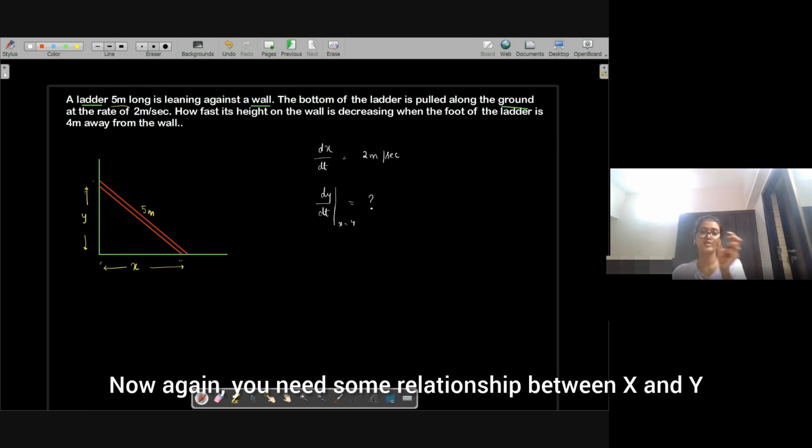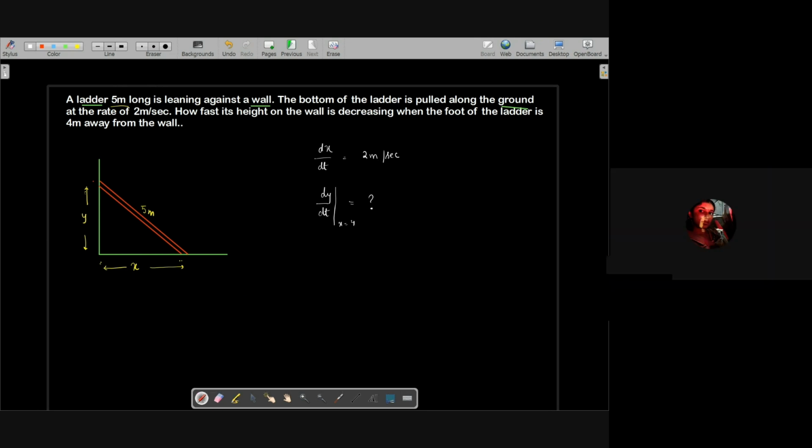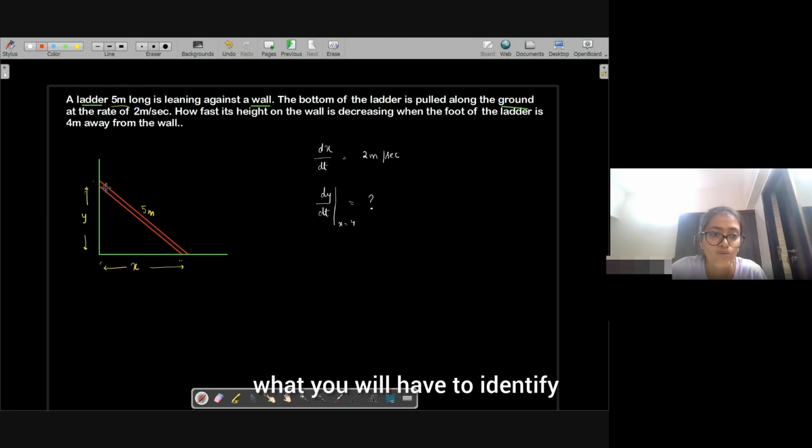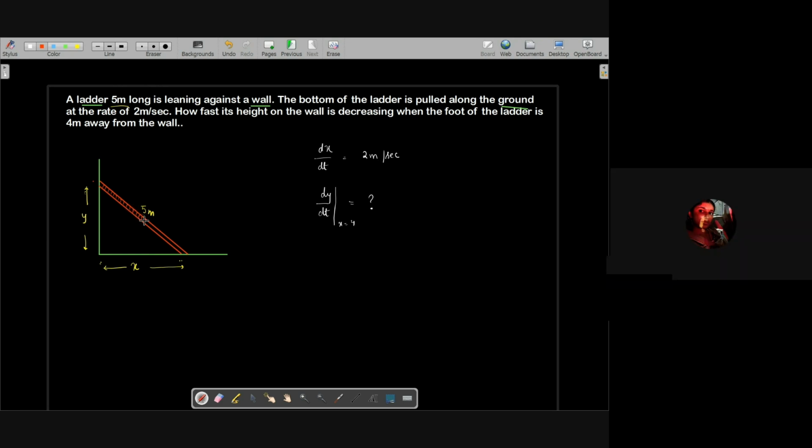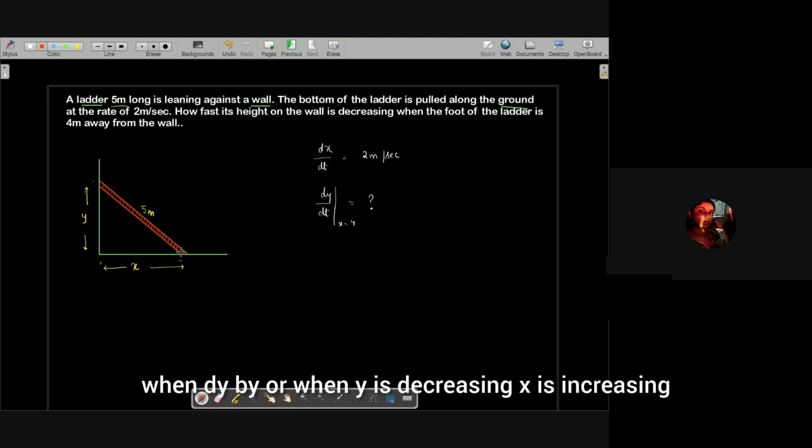Again, we need some relationship between x and y. When y is decreasing, x is increasing.